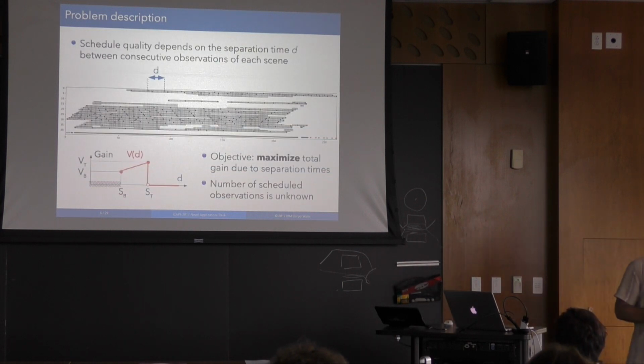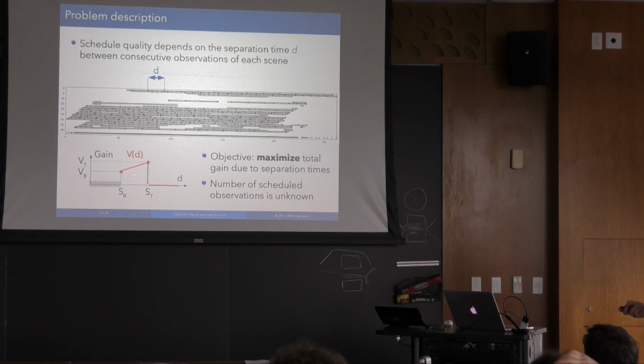Now what's interesting in the problem is what you want to optimize. What is your objective function? What plays an important role here is the notion of separation time between two consecutive observations of the same scene. There is a gain related to this separation time. It's a piecewise linear function with this type of shape.